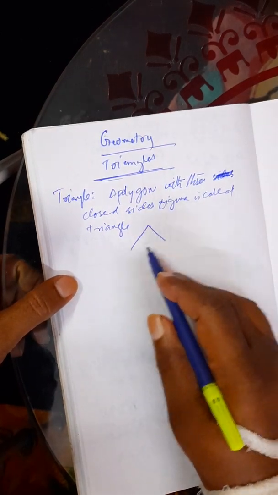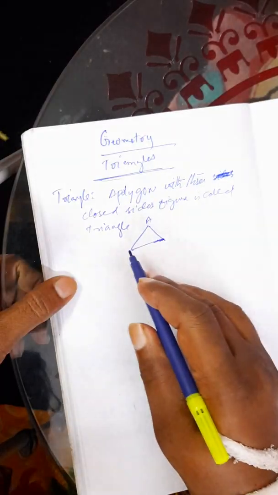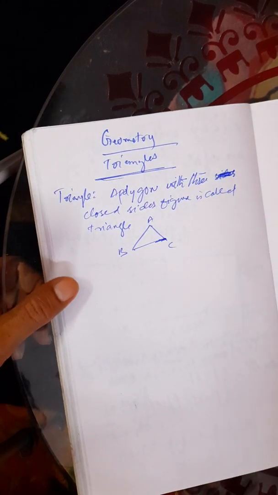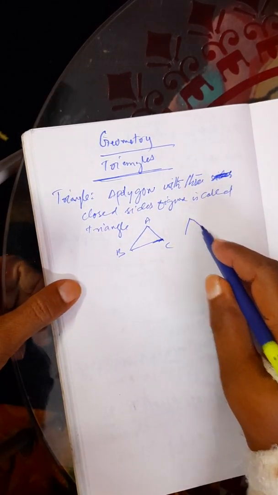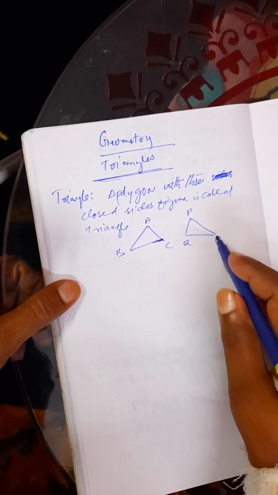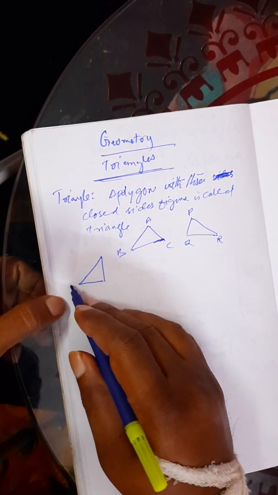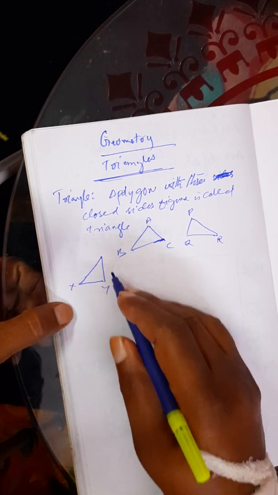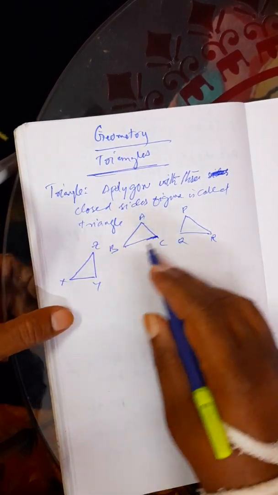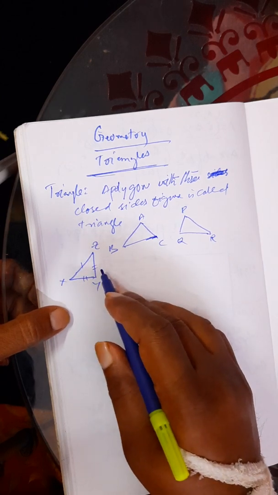So it is a triangle closed with three sides A, B, C. Or you can write P, Q, R, closed figures like this: X, Y, Z. This type of figures which are closed have three sides: 1, 2, 3.